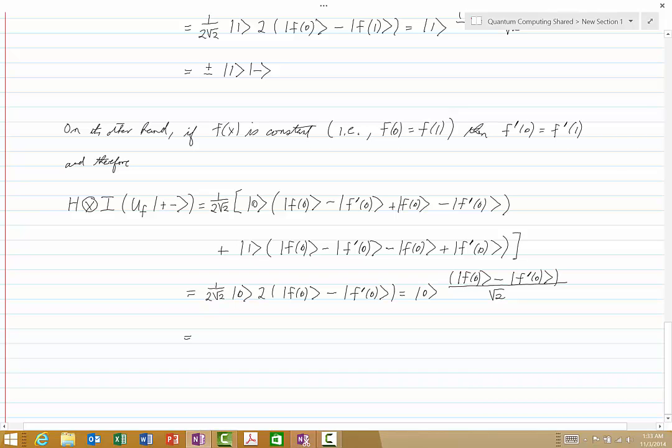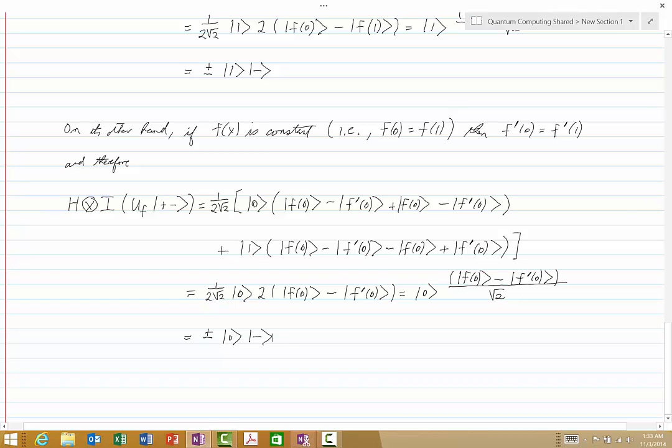and this will turn out to be plus or minus 0 minus. Again, we get the upper sign of plus if f of 0 is equal to 0. Obviously, if f of 0 is equal to 0, then f prime of 0 would be 1, and so we would have 0 minus 1 over the square root of 2, which is minus. On the other hand, if f of 0 is 1, then f prime of 0 would have to be 0, and we get 1 minus 0 over the square root of 2, which is plus.